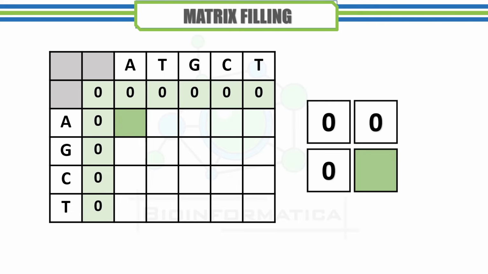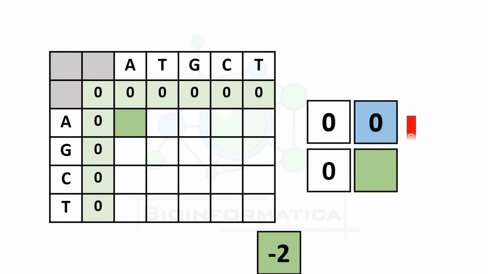In this case, we will start from the left neighbor, that is 0. We take the value 0, and for the horizontal movement we add the gap penalty to it, so we get -2. Now we keep the value noted. Similarly, for the upper neighbor, we take 0, add the gap penalty to it, and note the final value. And finally, we take the diagonal neighbor, which is 0. Now, we have to check if the corresponding bases with respect to the cell match or not.